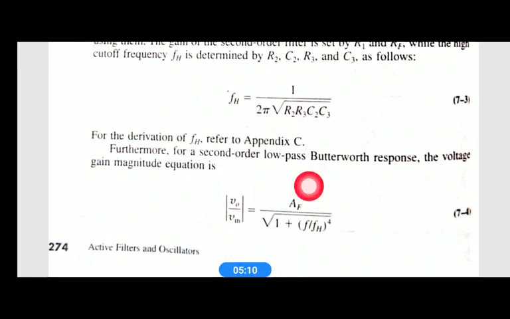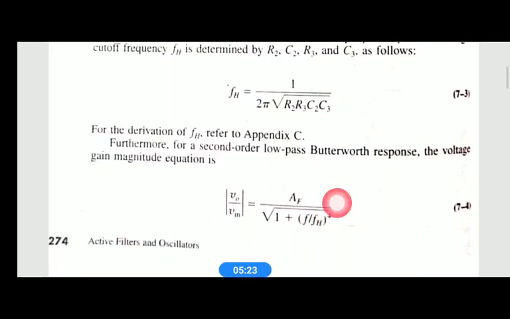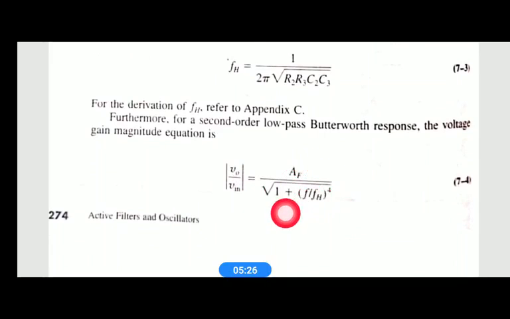Furthermore, for the second order low pass Butterworth response, the magnitude of voltage gain is given here, which is equal to AF divided by the root of 1 plus (f by fh) raised to 4. The only difference between the magnitude gain of first order and second order is this f by fh powered by 4.